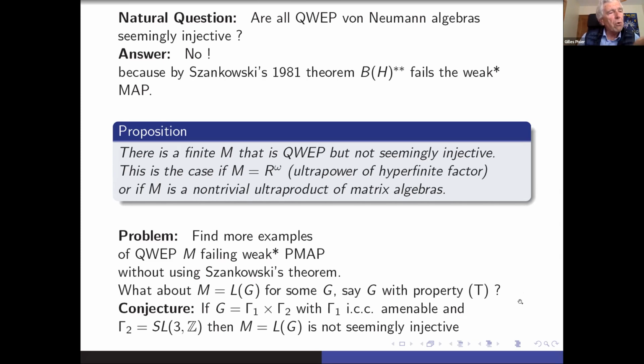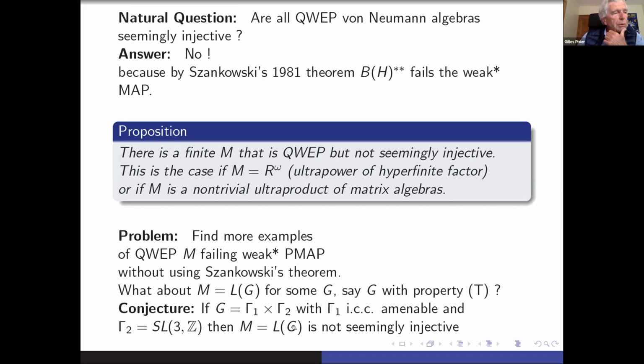So just to fix ideas, I wrote here a conjecture: perhaps if we take the standard group with property T, which is SL3(Z), and we take the product with the standard amenable ICC group, any one of them, the von Neumann algebra, by Connes' result, is the hyperfinite factor.